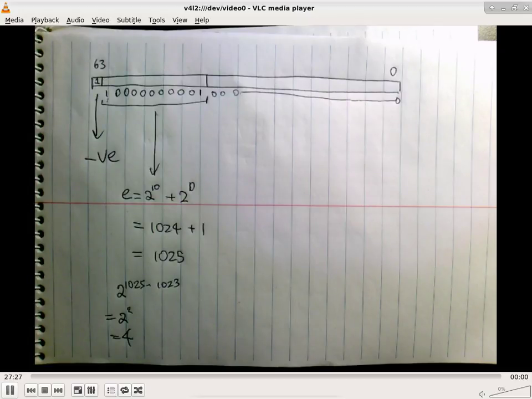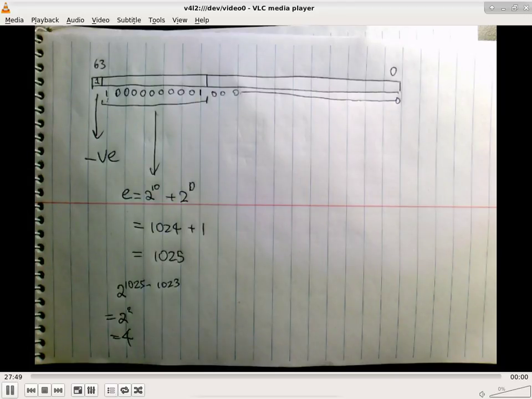Okay. So we have 1025 as a value represented by those individual bit patterns. But the entire exponent is offset by an amount of 1023. So you have to subtract 1023 from 1025 in this case to get to the actual exponent of 2, which in this case is 2. Okay? All right?